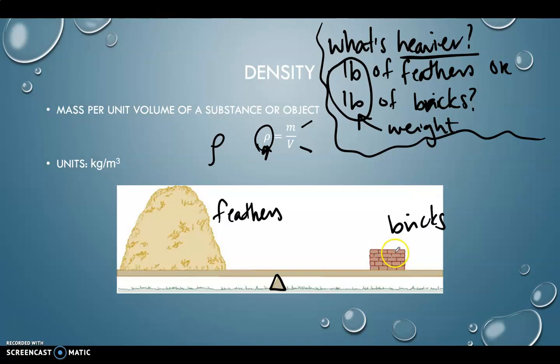Why is that? That's because the bricks have a higher density, and the feathers have a lower density. So for them to get to the same weight, you're going to need more feathers. All right, so this is just the idea of density.